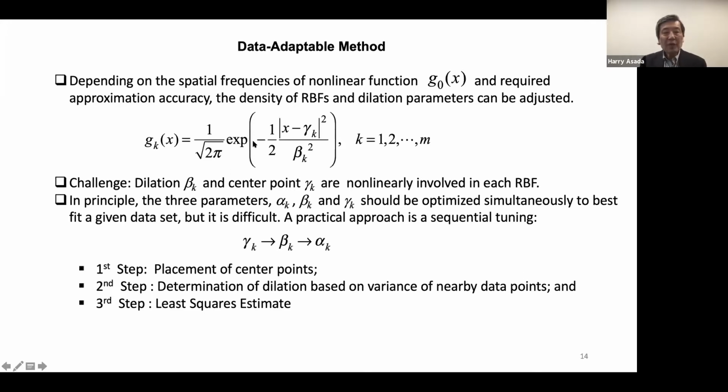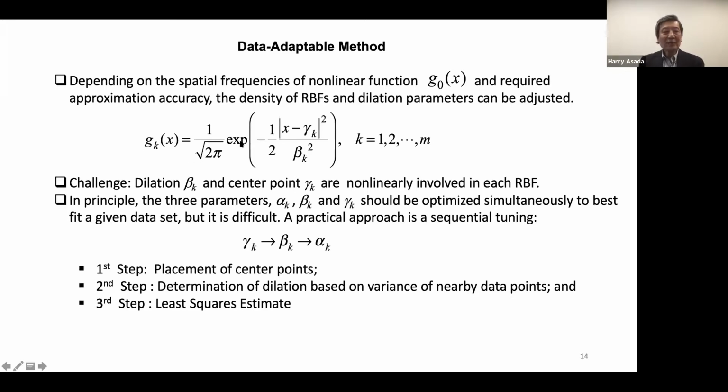So the challenge is that the dilation beta k and the center point gamma k are nonlinearly involved in each radial basis function, right? So this is the inside of the exponential, and we'd like to tune beta and gamma, right? So that's no longer a linear least square, linear regression problem, but a nonlinear one. So here we need some algorithms to make that happen.